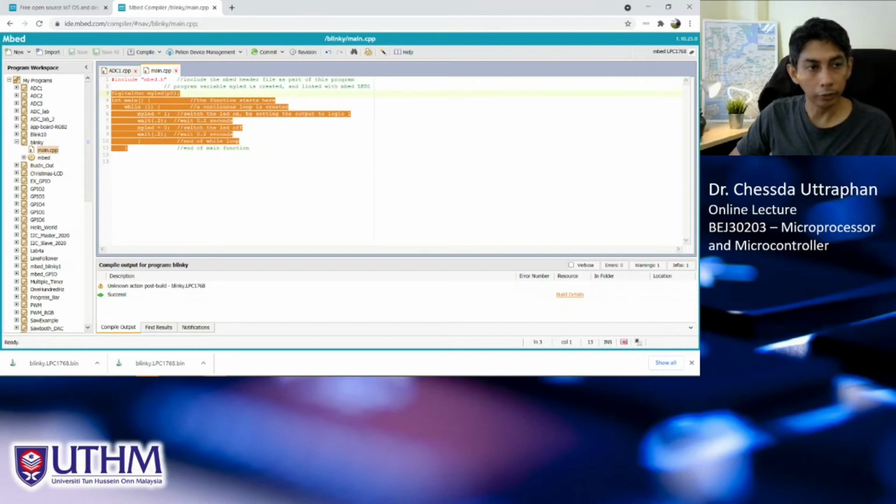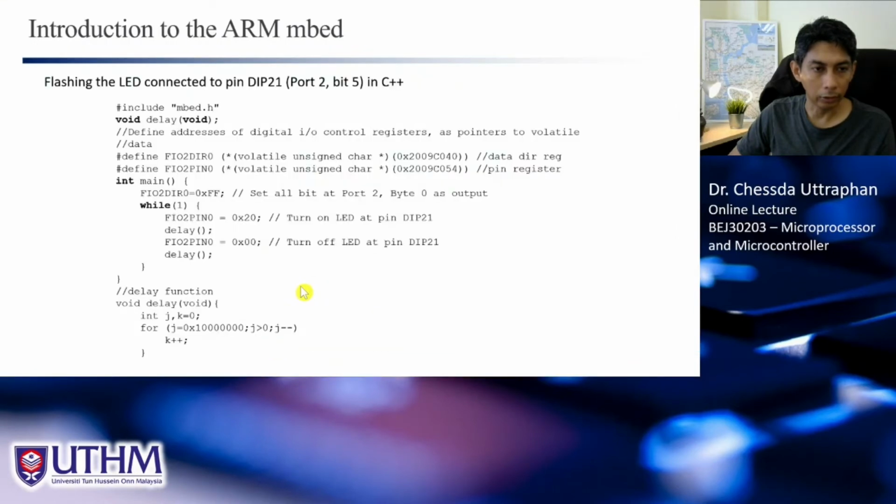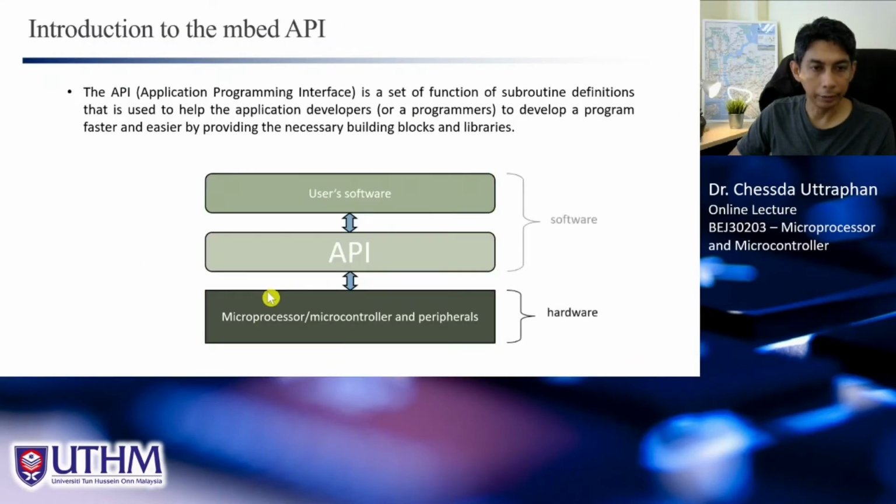So without using the API, of course, you need to have more knowledge of the hardware, how to access all the peripherals, where their locations are, and how to do the settings to configure all the peripherals. All right, so that's a lot easier.